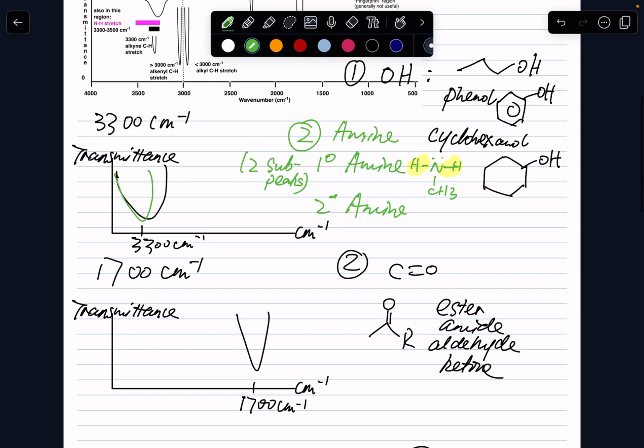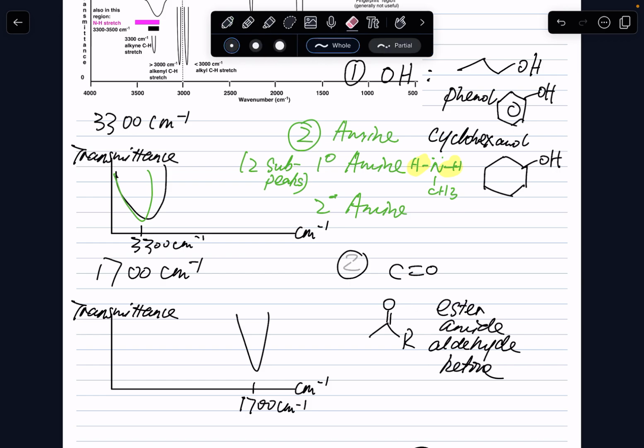And then I want to give you a bonus one if you think that you have the capacity to memorize another thing, which I think you do, which is for our 17, we also have this C double bond, okay? They are also a little tiny bit on the leftward of our traditional carbonyl 1700, but they are there, okay? So that's it.